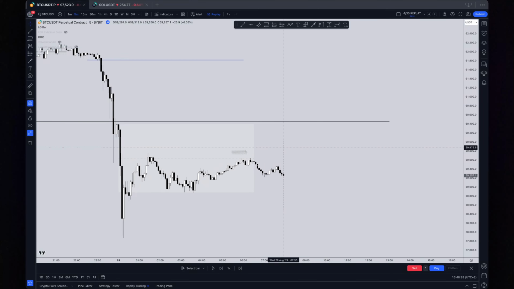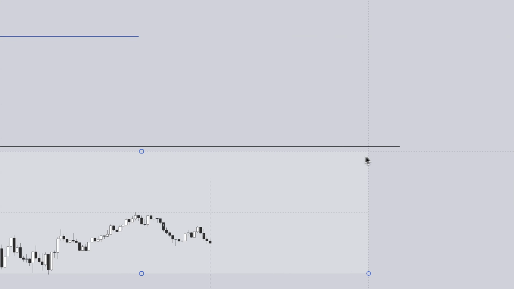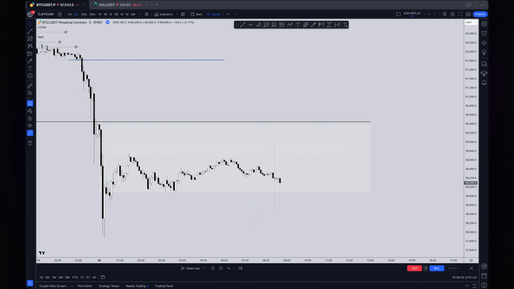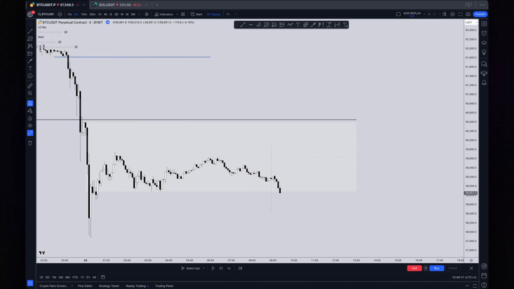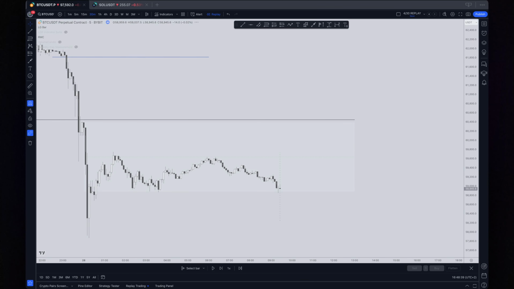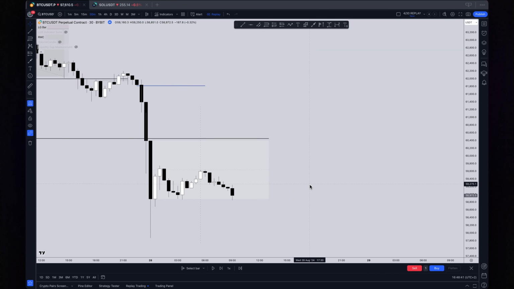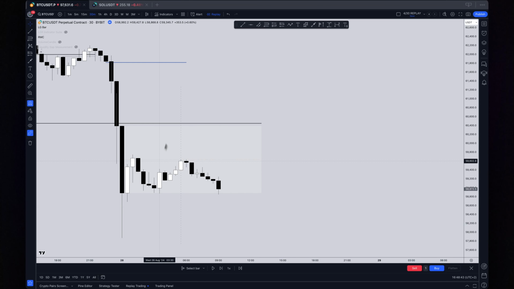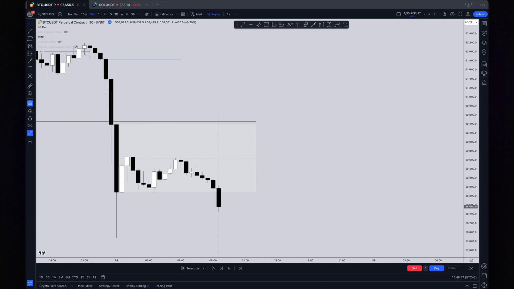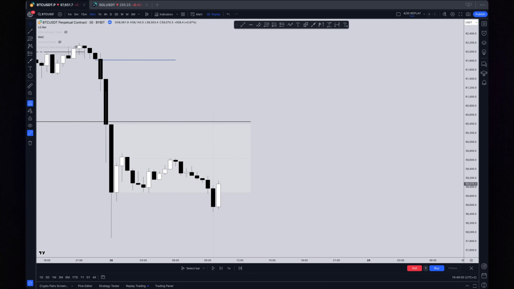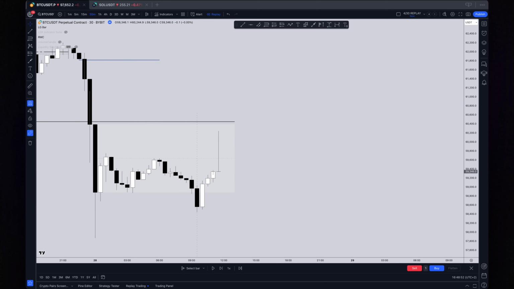I'm waiting for an entry that's higher. Let's look what the 30 is doing. It's just aggregation. There we go.